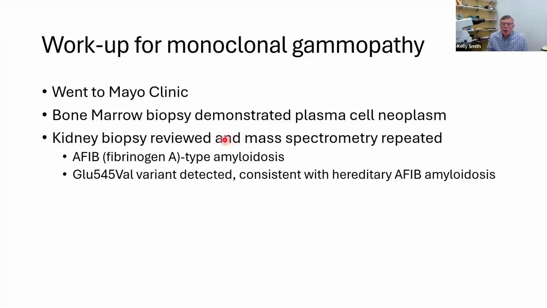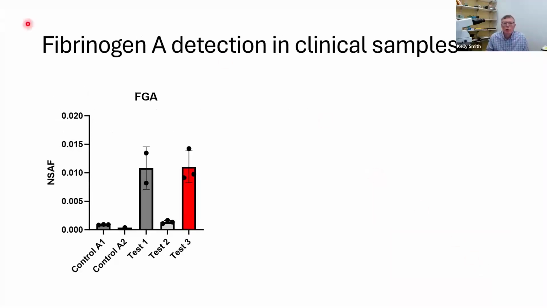They also reviewed and repeated mass spectrometry on the kidney biopsy, and they found that this was a fibrinogen A type amyloidosis, and actually detected the glutamine 545 valine variant, which has also been detected before in hereditary forms of fibrinogen type amyloidosis. So a little bit of a surprise and a little bit of a wrench in our diagnosis.